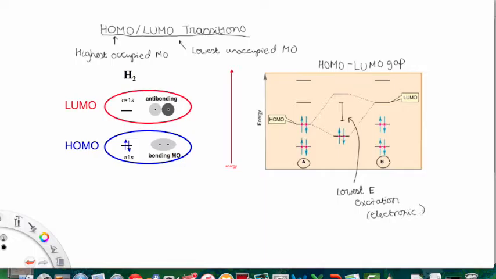The energy of the HOMO-LUMO gap can tell us what wavelengths the compound can absorb, because the amount of electronic excitation is dependent on this gap. Alternatively, measuring the wavelengths a compound absorbs in the lab can be used as a measure of this HOMO-LUMO gap.